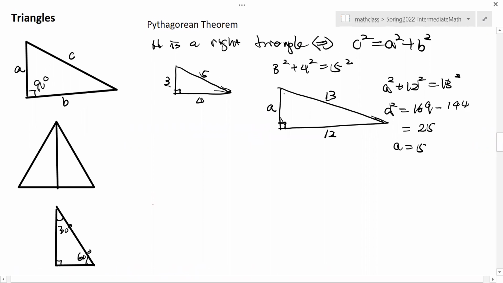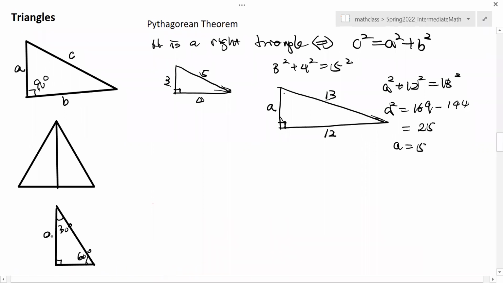I want to find the relationship between a, b, and c. So I put it in here, duplicate, clone it. So I get c here, and this is b, this is a, because this is 60 degrees, and here's 30 degrees, so doubled, it's also 60 degrees total.